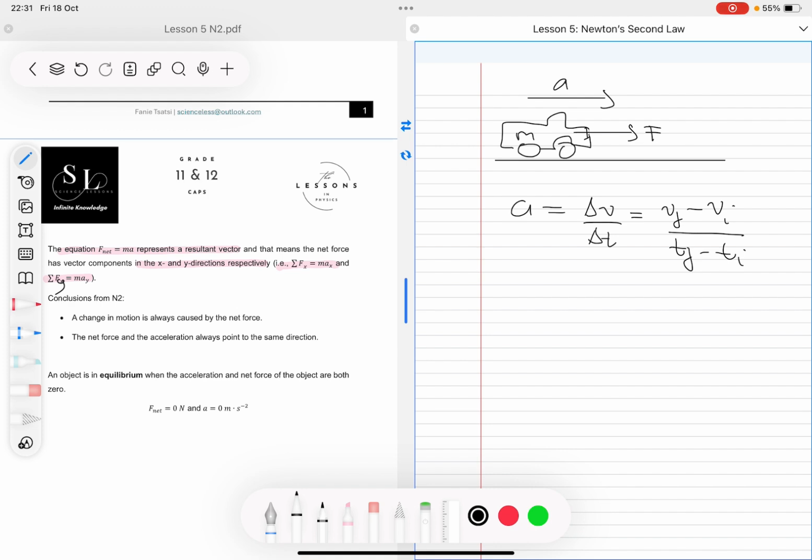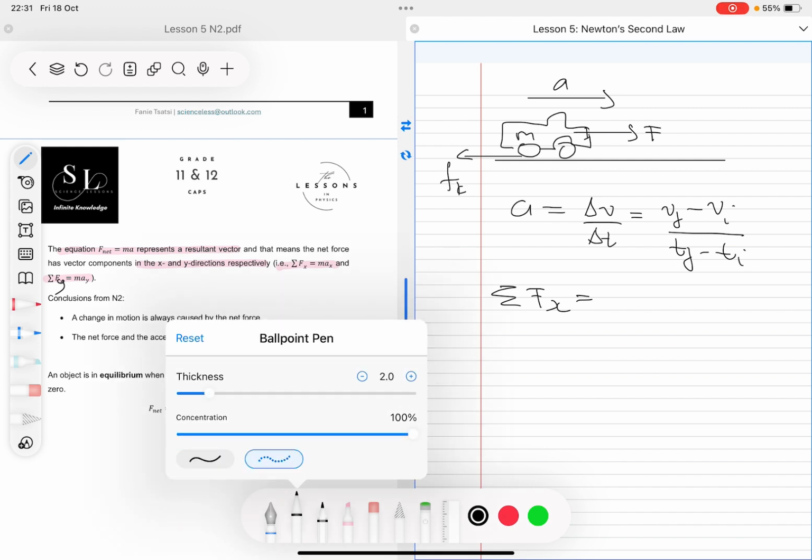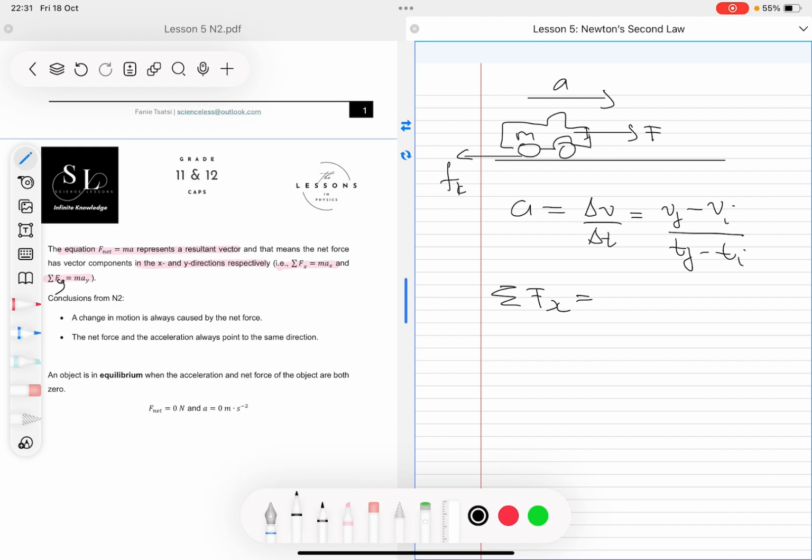But at the same time, we know that this object moves on a surface, so there must be some form of friction, kinetic friction. Now, if I were to apply Newton's second law in this scenario, I would say the sum of forces in the x, because I'm in the x direction. Let me use the reference frame to show direction.